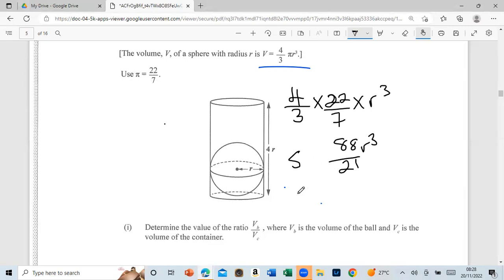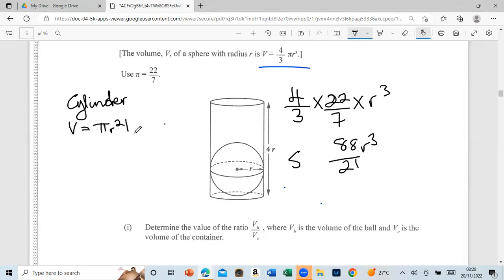And it says the volume of the container now. The container is actually a cylinder, so let's work it out. The volume of a cylinder is pi r squared h, and guys, you have to know this. It's the area of the base times the height.